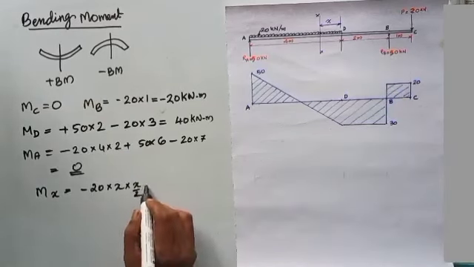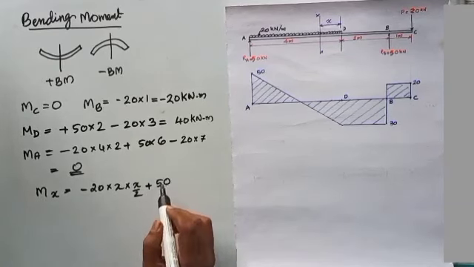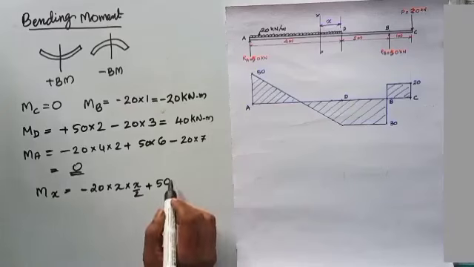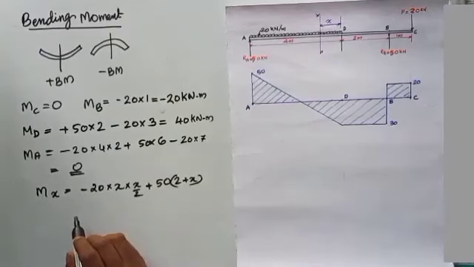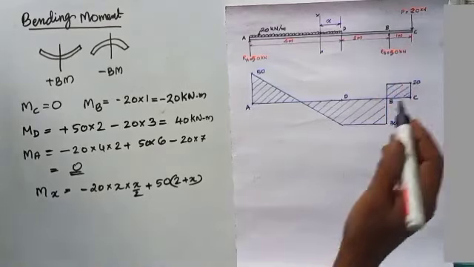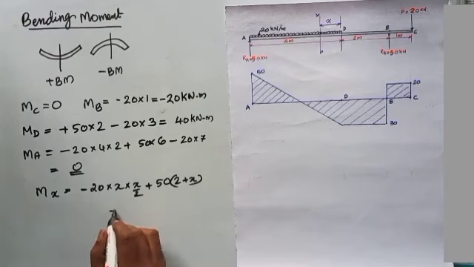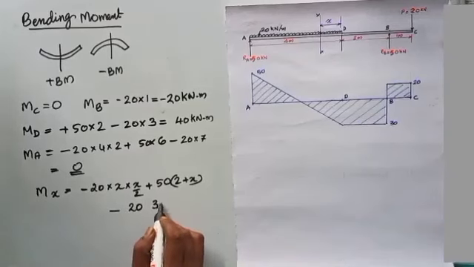It will be positive, plus 50 into 2 plus x. Then 20 is in the right side downwards, so that will be minus 20 into 3 plus x.